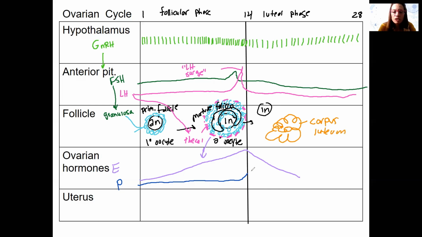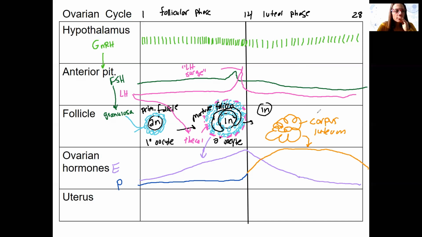Corpus luteum is going to produce a bunch of progesterone. It does not produce estrogen because it's a different stage of development. That's why these estrogen levels drop. It is going to produce progesterone. This progesterone is going to turn off that LH surge. But okay, we'll get there in a moment.